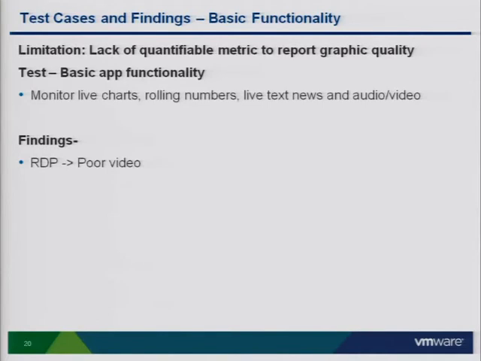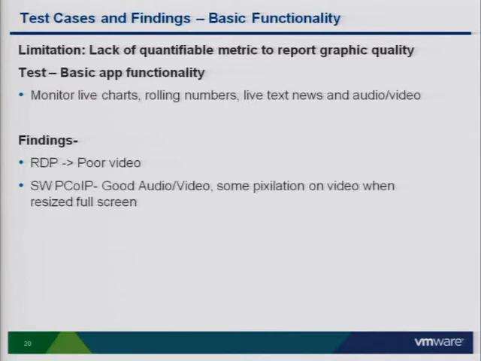Our project was not about studying differences between display protocols. That was not our goal. Our goal was to understand what it takes to get this kind of application to work. We started off with RDP. That's the common protocol most people are using, or used to at least. And most of the application worked fine, except that the quality of video was not very acceptable.